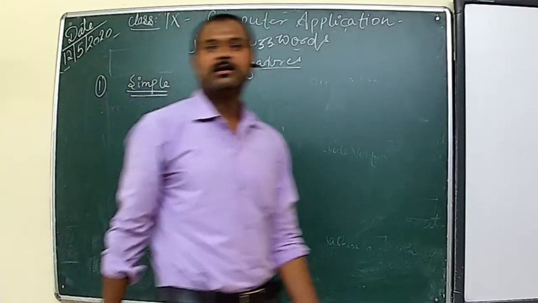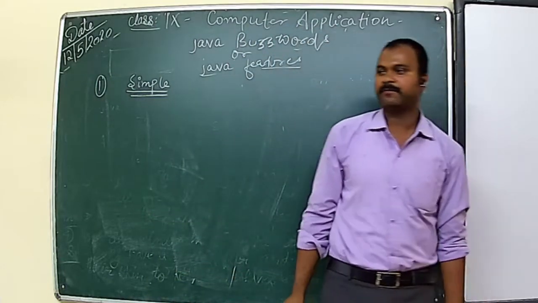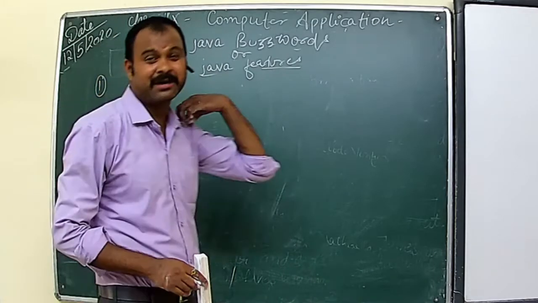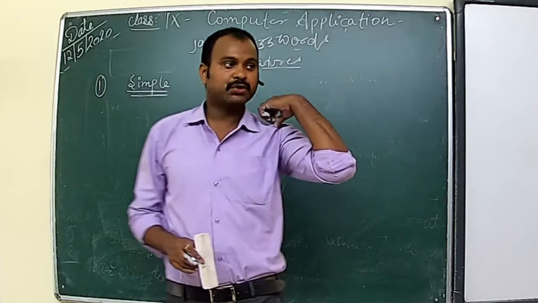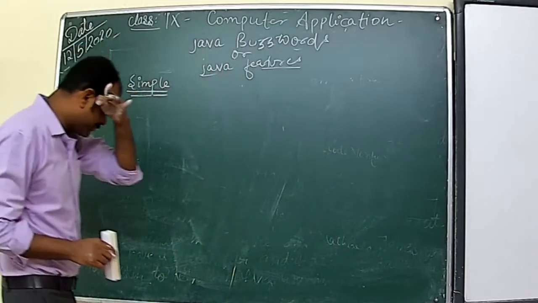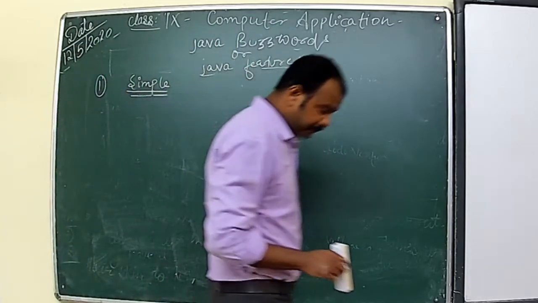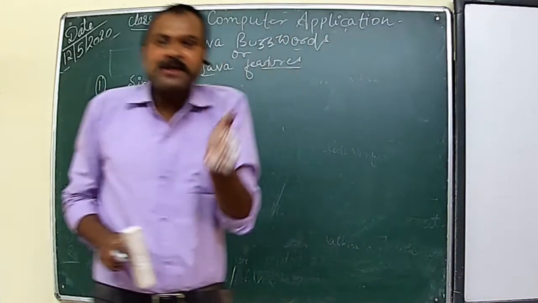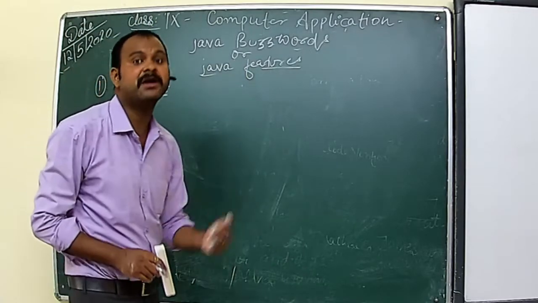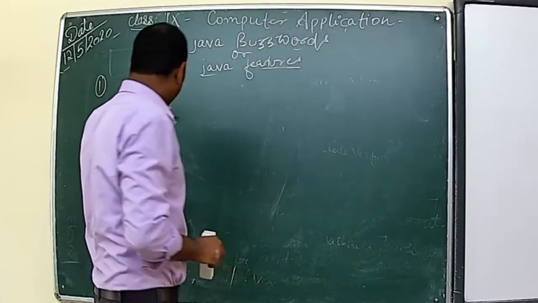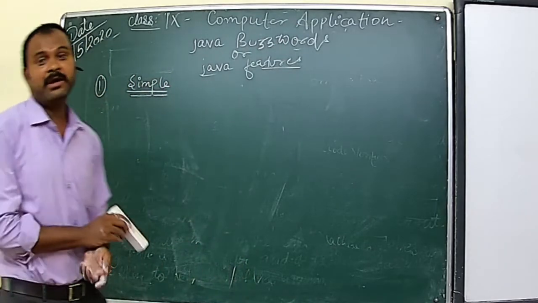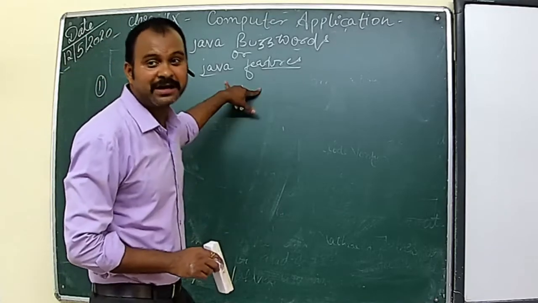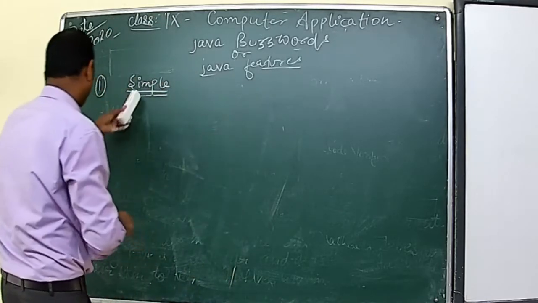Java is a very simple language to understand, even for beginners. The syntax is quite simple to understand and implement. The fundamentals of Java are very easy for beginners, and you can become a master in Java quickly because the syntax, the source code, and the different implementations are very easy. So this is simple.